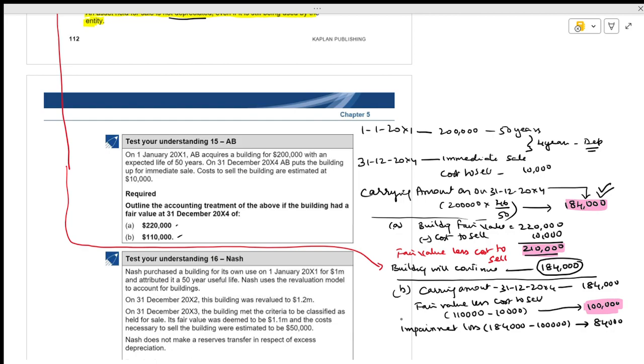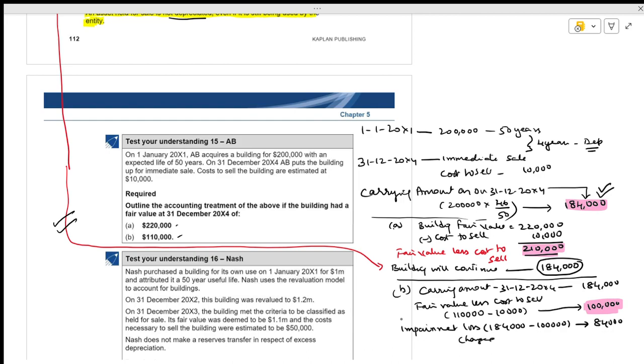Is it right? We have to measure whichever is lower. In the previous case, we took 184 because the other figure was 210, and compared to 210, 184 is less. Here we are comparing 184 with 100,000. 100,000 is less, so we satisfy this precondition. The impairment loss is 84,000.